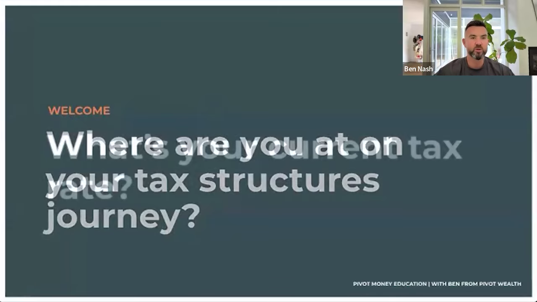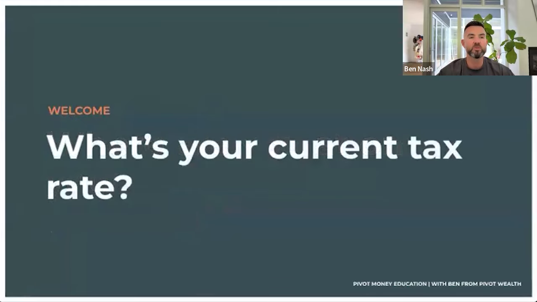Now, I've got another question for you, and bear with me on this one because there is a method to my madness, but I just want to quantify a little bit the opportunity here. So I'd love for you to pop into the chat what your current personal tax rate is. If anyone's not familiar, basically, if you're earning $190,000 or more, you're on a 47% tax bracket.